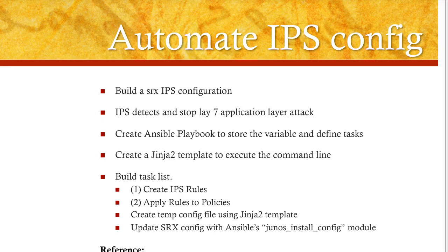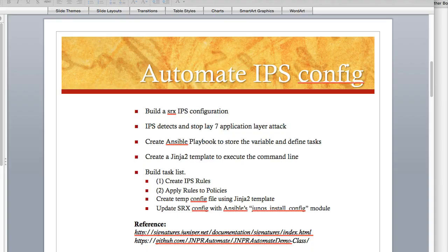For the Jinja2 template, we will have one template to build the IPS rule, and another template to merge the policy into the SRX firewall policy. If you want to follow along, there are references.